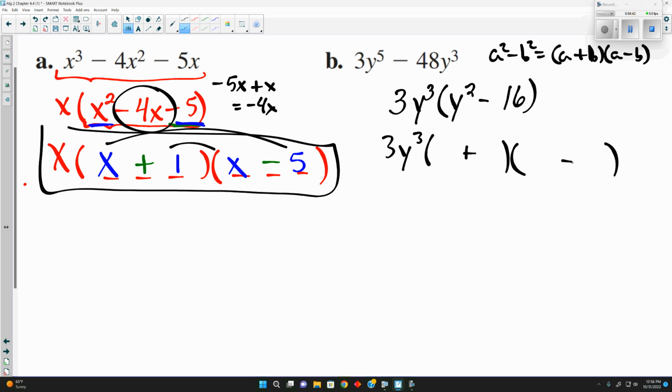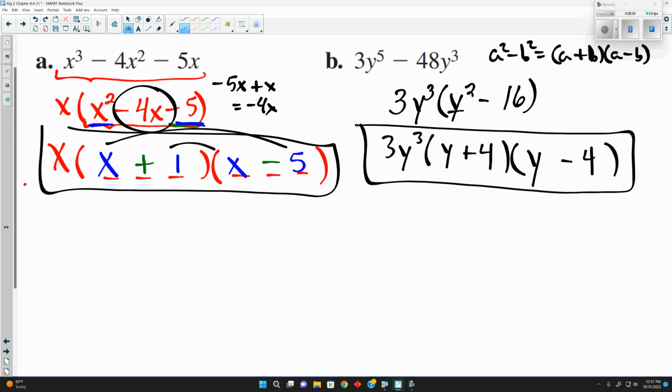So we can do our plus and minus, and a in this case would be just y, because y times y would give us our y squared, and our value of b would be 4, because 4 times 4 is 16. That's it. Questions on this here?